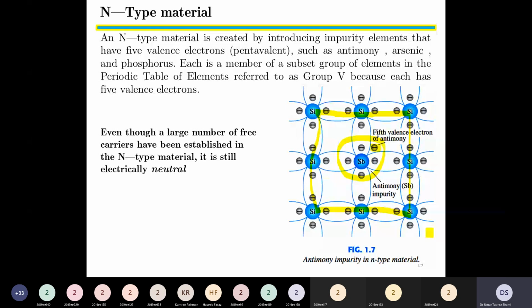We have doped it, and we also have one freely available electron. But if we count the number of electrons and the number of protons, they will be equal, and hence we can say that this extrinsic material is neutral. So this was the production technique of N-type material.